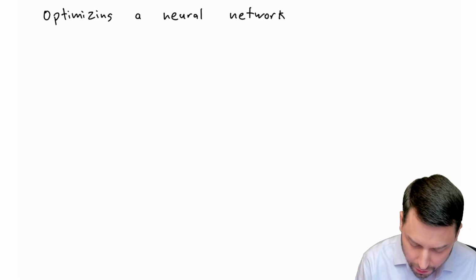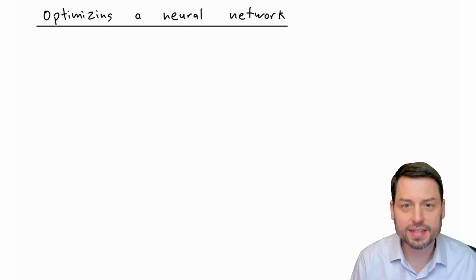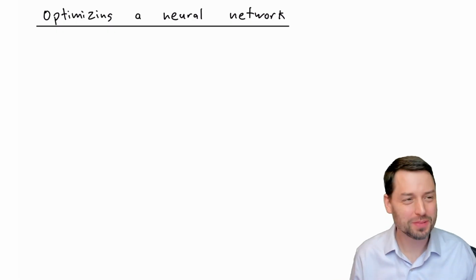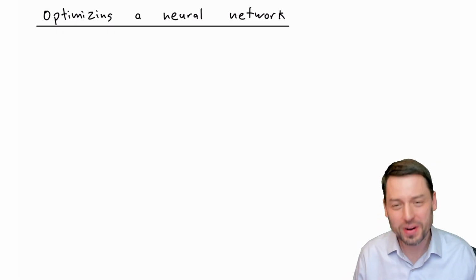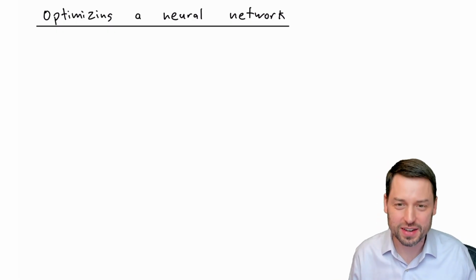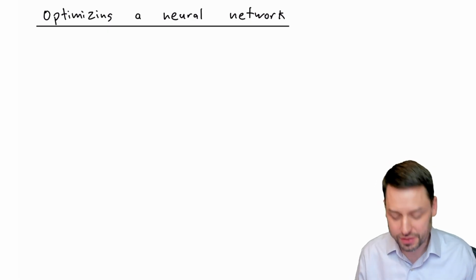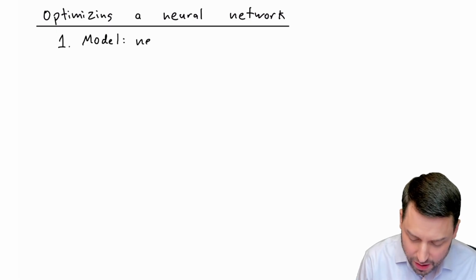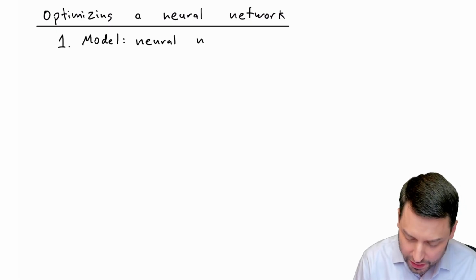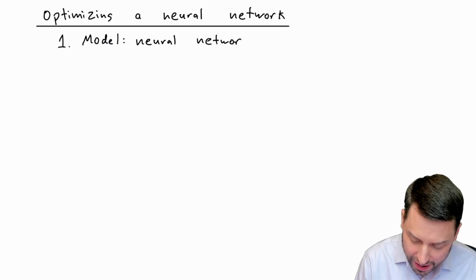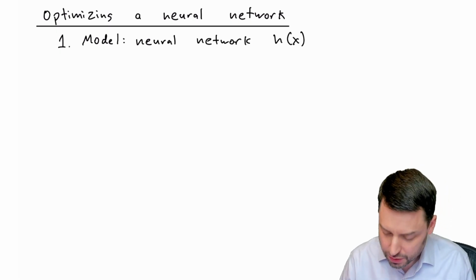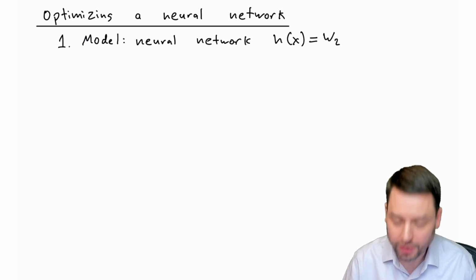Okay, so what are the three ingredients, again, coming back to these one more time, or many more times, we're really going to come back to them. What are the ingredients of a full machine learning algorithm using neural networks? Well, number one, we have our model, which in this case is a neural network. And what we mean by that really is just we're going to have our model function of x be equal to, in this case, we'll just consider a two-layer neural network.